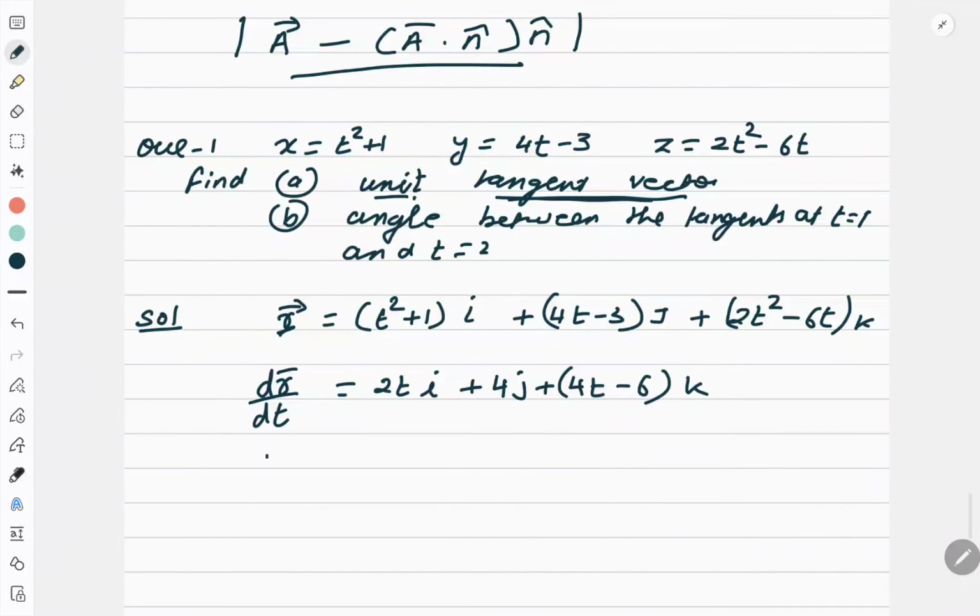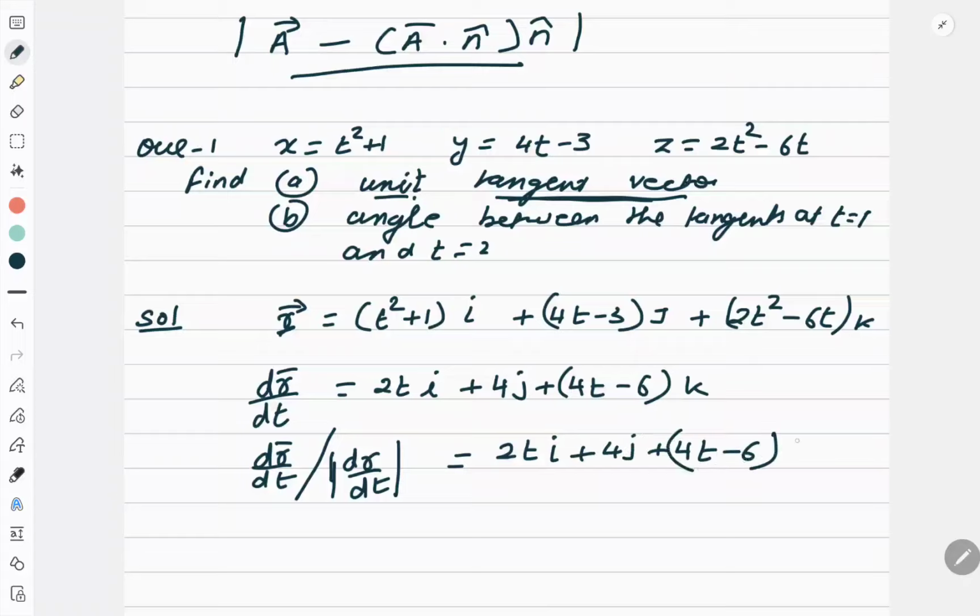Unit tangent vector is nothing but dr by dt upon magnitude of dr by dt. Correct? So I need to find out this magnitude as well. So it will be (2t i plus 4j plus (4t minus 6)k) upon under root of 4t square plus 16 plus (4t minus 6) square. Right? So this is your unit tangent vector.